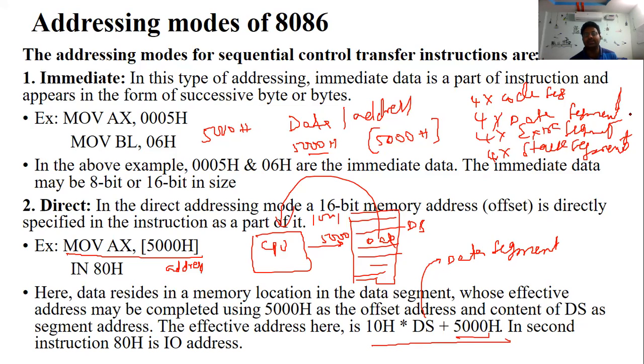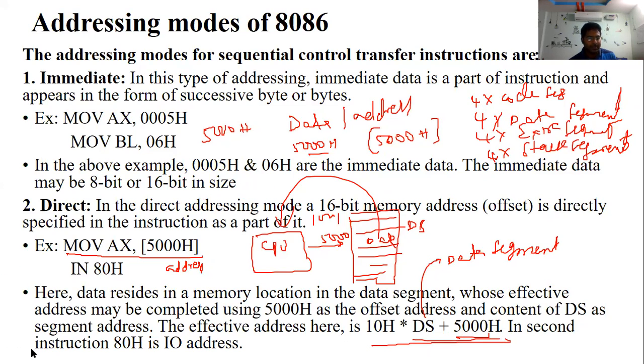The default address location for the microprocessor is the data segment register, the data segment for data purposes. So this 5000H is going to this data segment. Then whatever data is present in 5000H comes to the CPU.